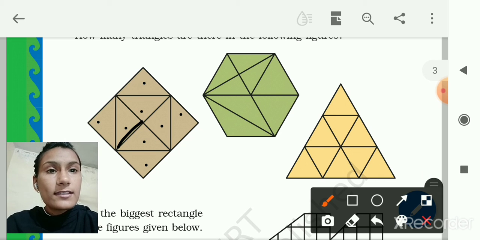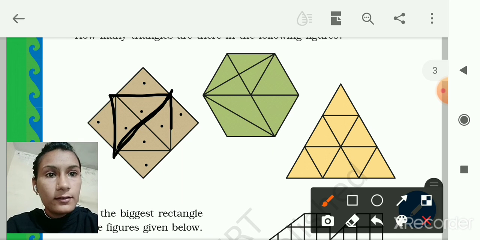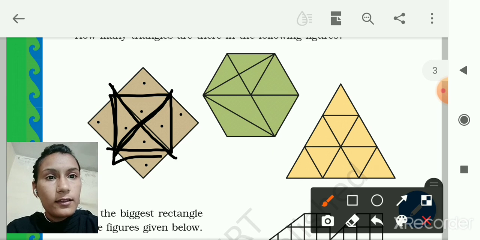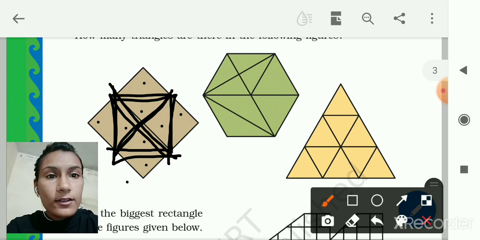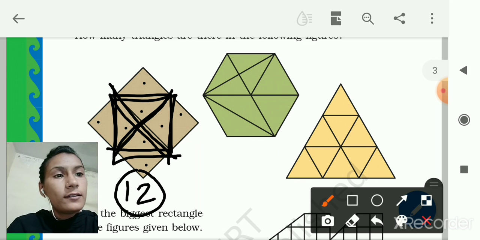Then after you can see this 9, 10, 11 or 12. So how many triangles are there? So here 12 triangles are here.